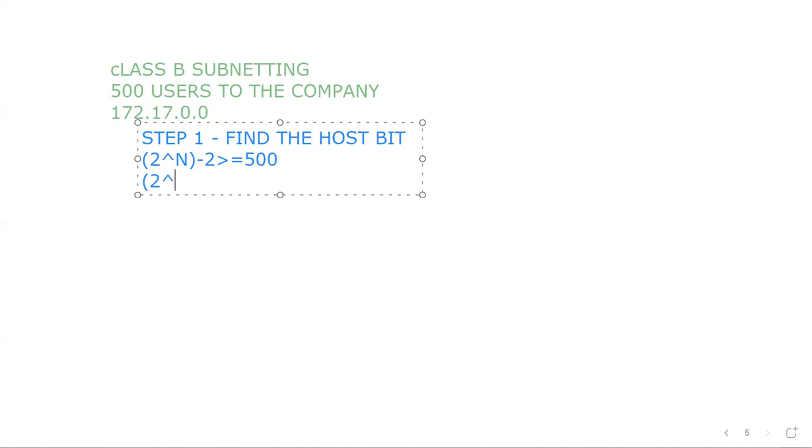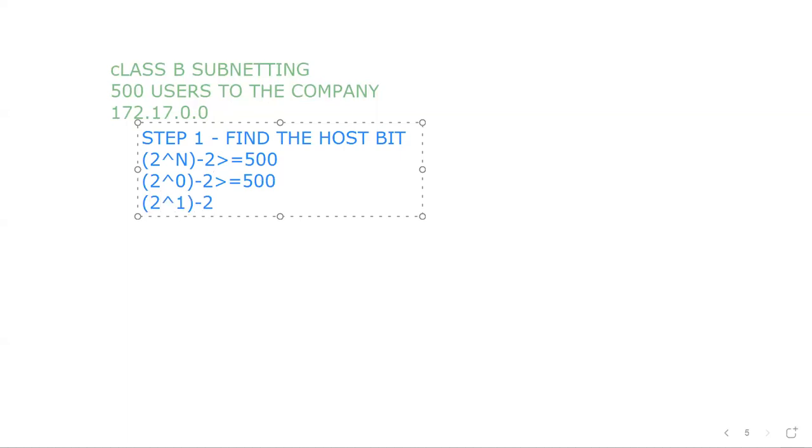2 to the power 0 minus 2 is greater than or equal to 500. 2 to the power 1 minus 2 is greater than or equal to 500. Then we keep putting in all the values.